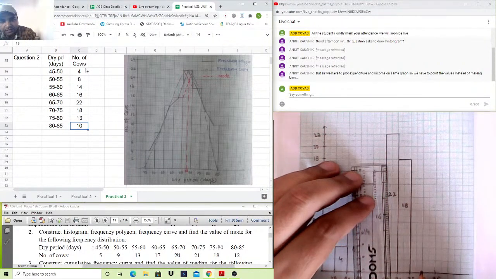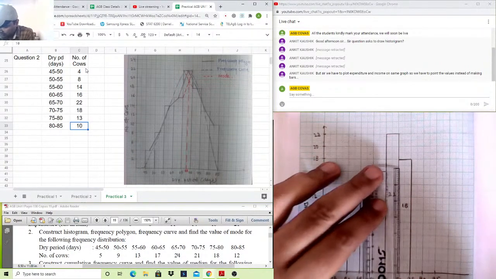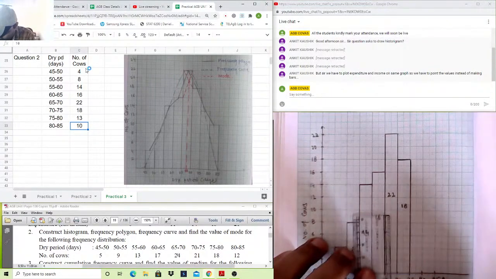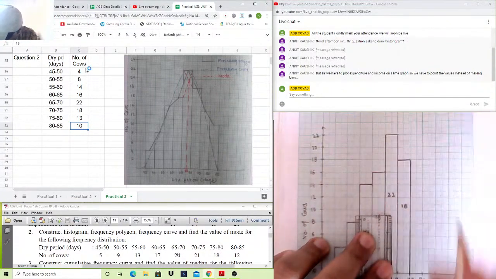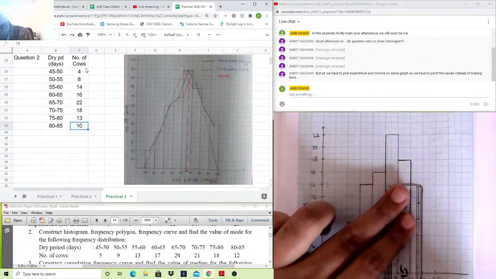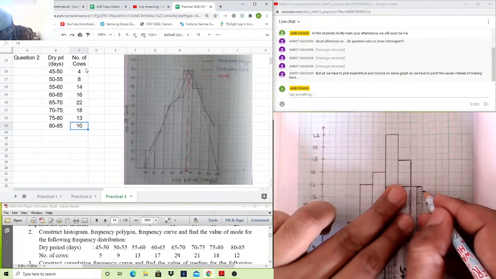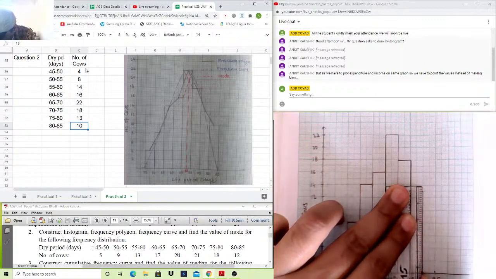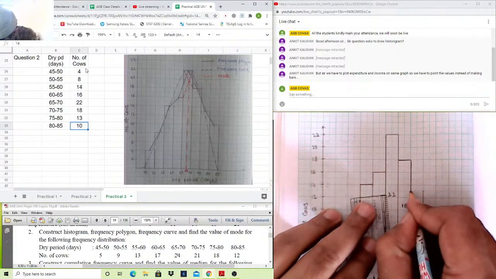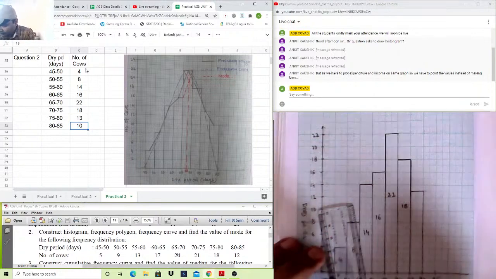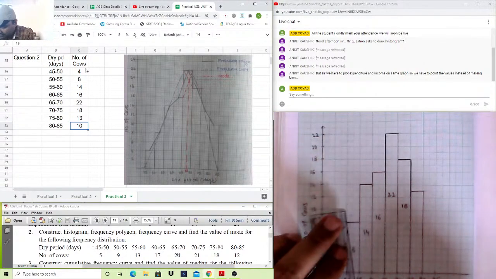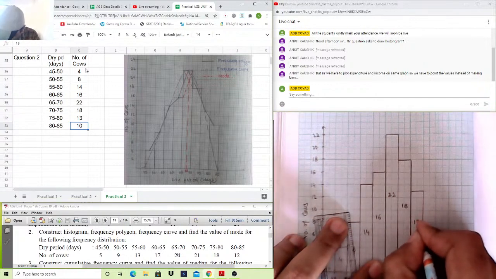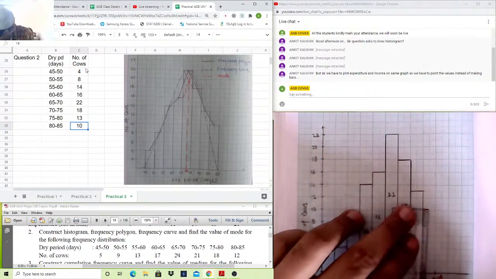Then your 75 to 80 is 13. And then from 80 to 85 it is 10.